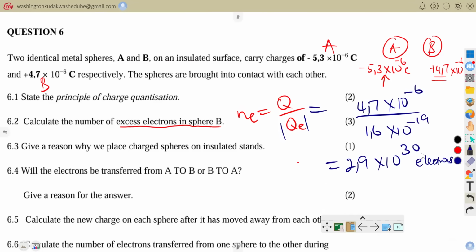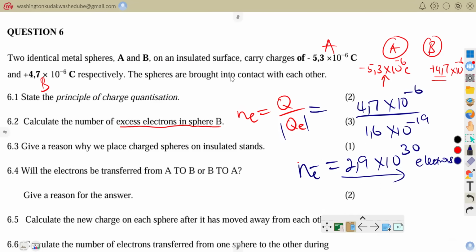Let me repeat it, maybe I made a mistake. Let's confirm: 4.7 times 10 to the power negative 6 divided by 1.6 times 10 to the power negative 19 gives me the same. So the number of electrons is 2.9 times 10 to the power 30.